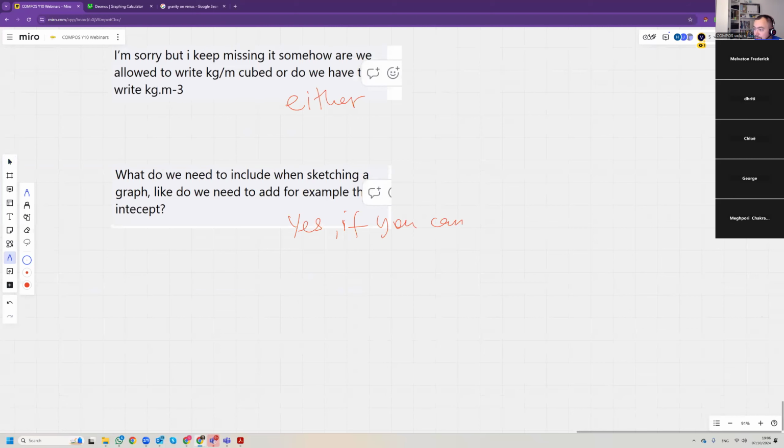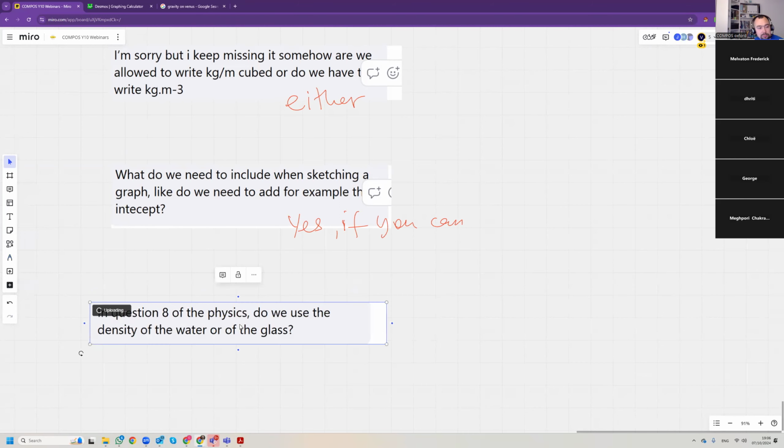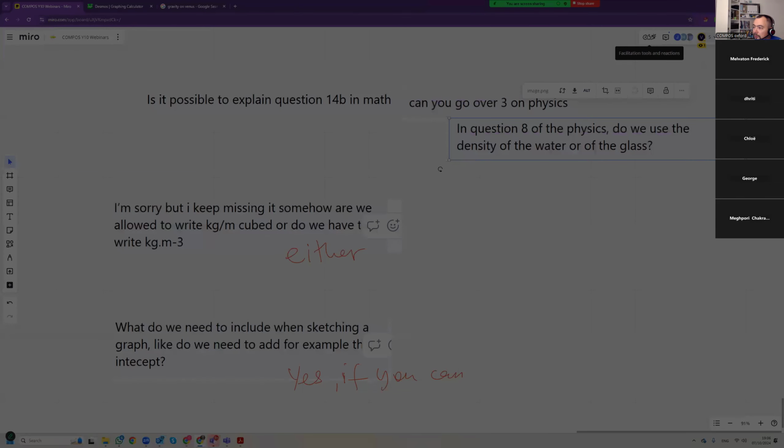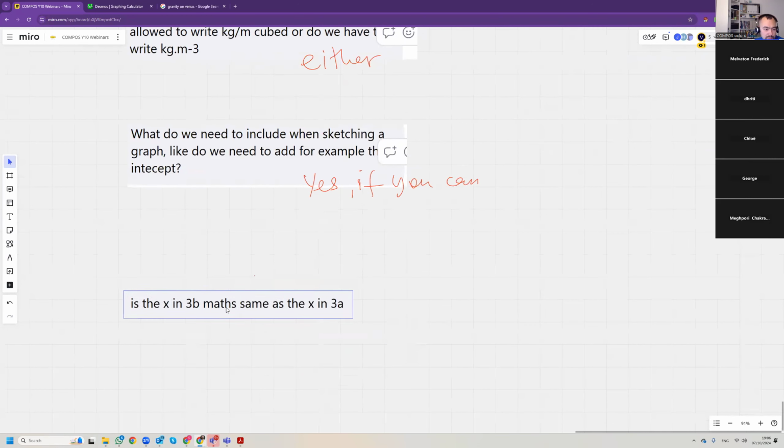In question 8 of physics, do we use the density of the water or of the glass? Let's have a look. Is 3x and 3b and 3a the same? No, not the same. Please do problem 9 on the maths.